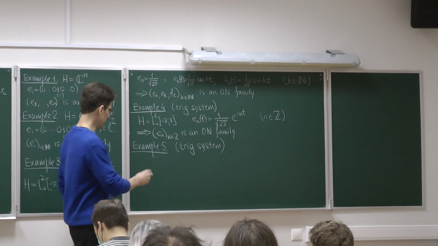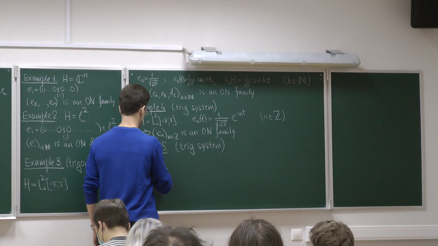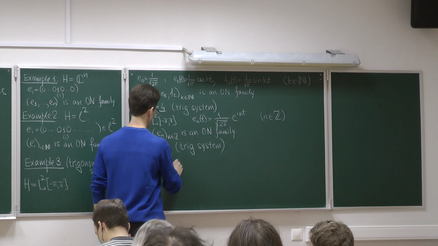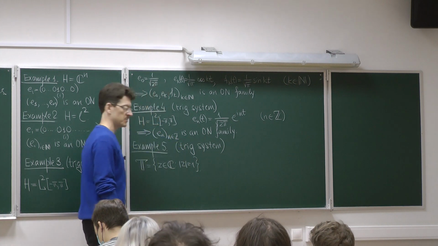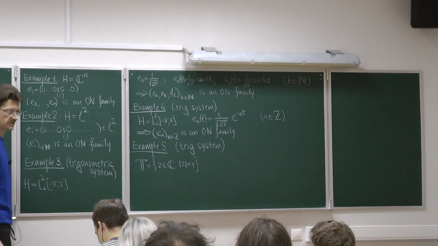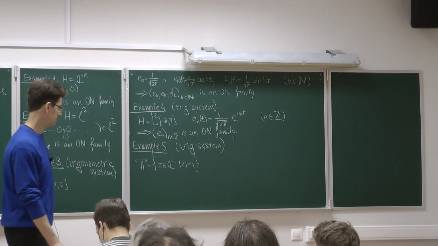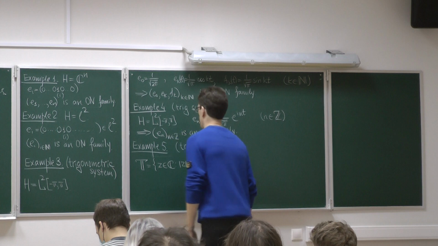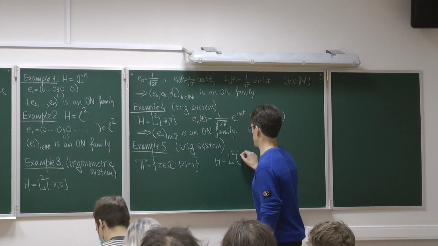So as usual, we denote by bold T the unit circle on the complex plane. And as usual, we equip it with the normalized length measure. So the length of the whole circle will be equal to 1. And our space H will be L2 on the circle.